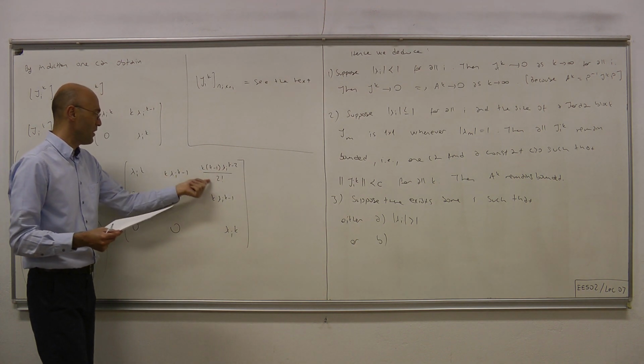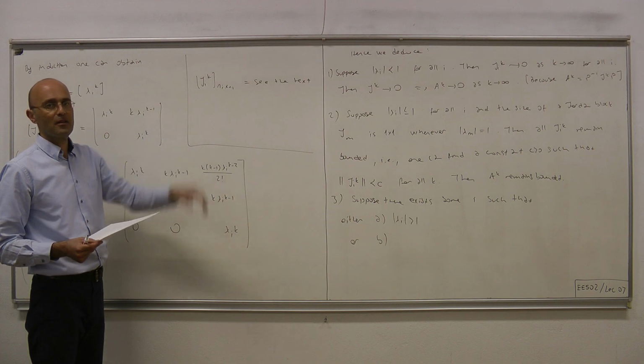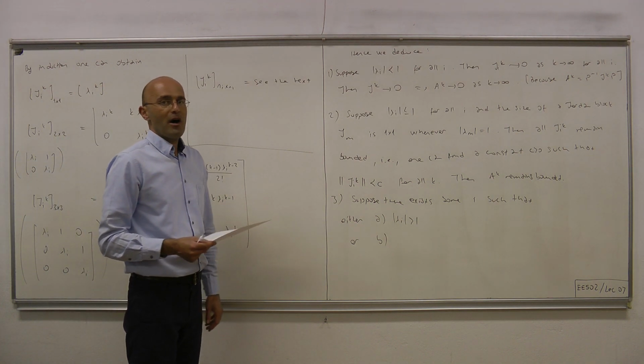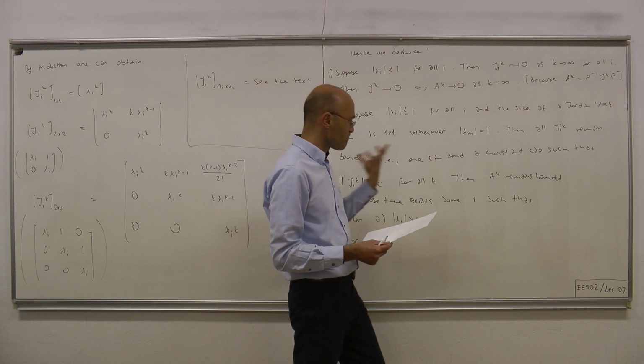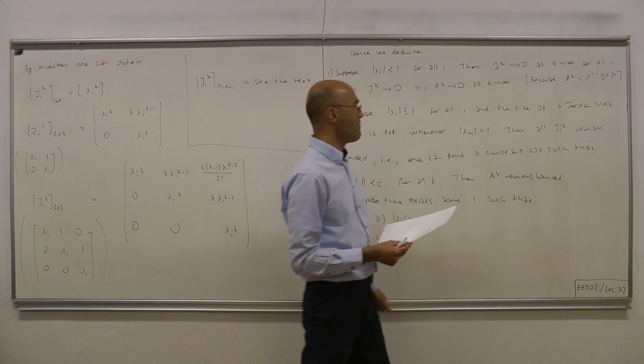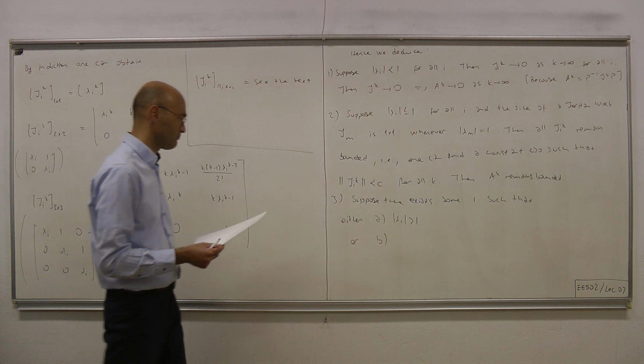In other words, we have those polynomial terms, then we will have some unbounded terms which will manifest themselves as the unboundedness of the state transition matrix.